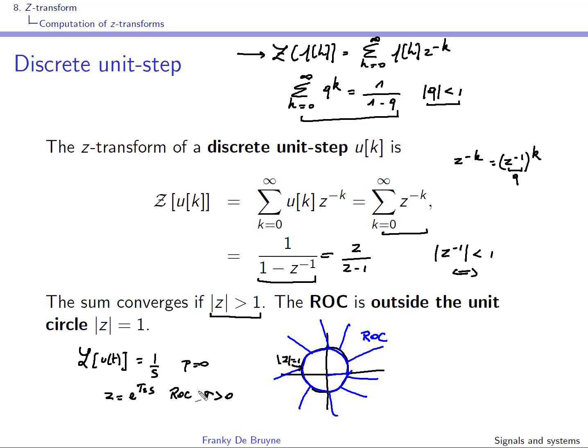Okay, so being to the right of the j omega axis will become being outside of the unit circle in the z domain. So clearly there are some analogies.